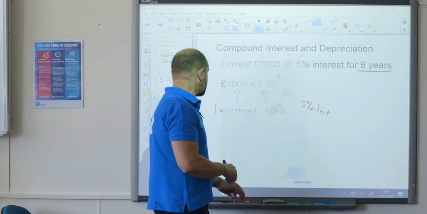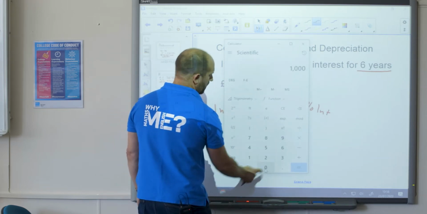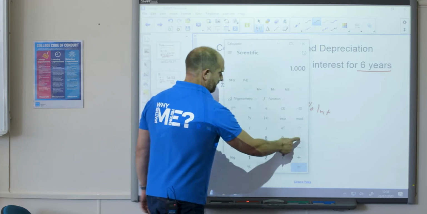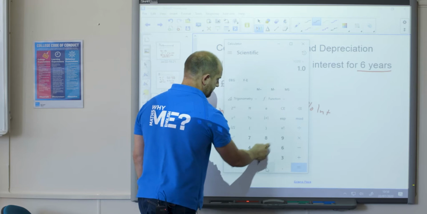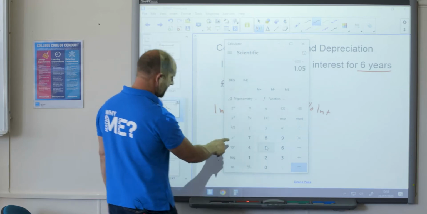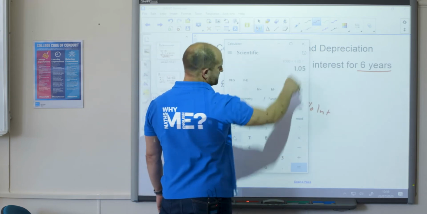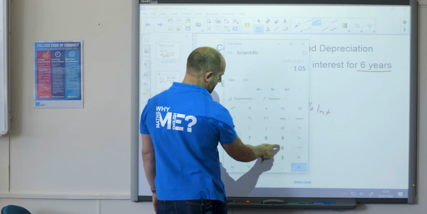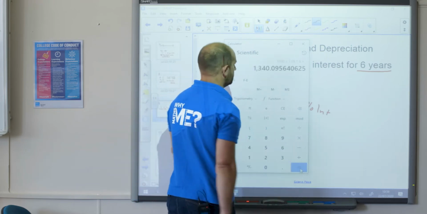So looking at my calculator here then, I've got 1,000 multiplied by 1.05 to the power 6, which on here is xy. I've got a little upside down arrow. I'm going to press 6, equals.